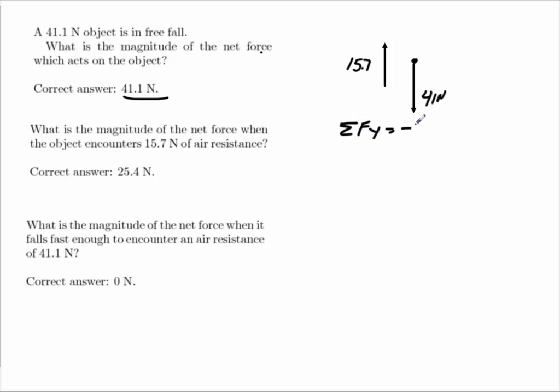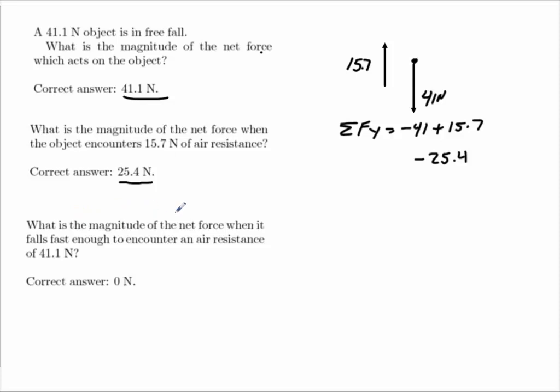You would get minus 41 plus 15.7. That would give you a value of negative 25.4 as the total force, and that's going up. So the answer is 25.4. They just make that positive because direction is not established, and it also says magnitude.